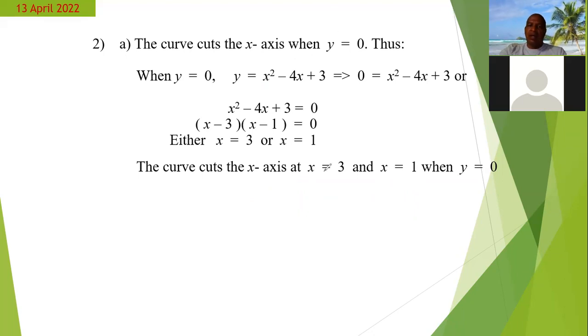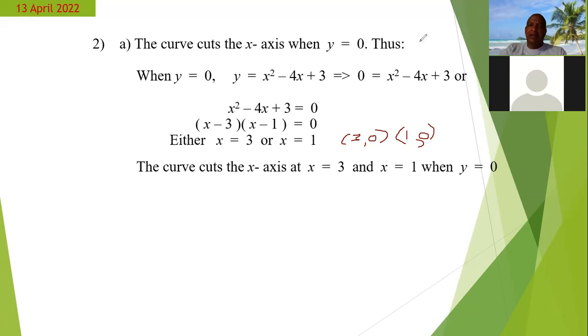So it means that the coordinates for these would be x equals 3 with 0. So that's 1 point. And the other point is going to be x equal to 1 and y equal to 0. So these are the 2 points, and these are on the x-axis. So you look on the x-axis, just look for x equal 3 and look for x equal 1, and you know that the curve is going to cut the x-axis at these points, these x values.